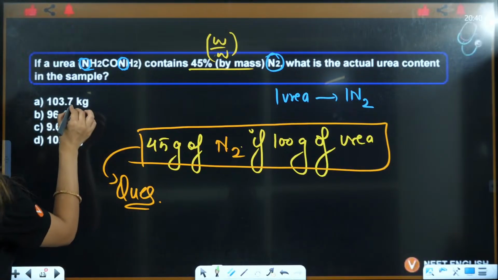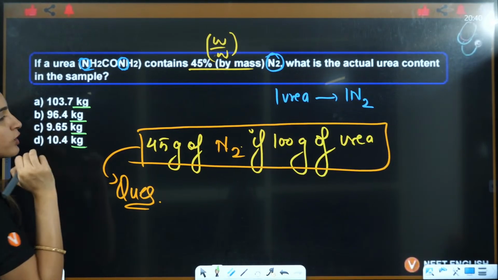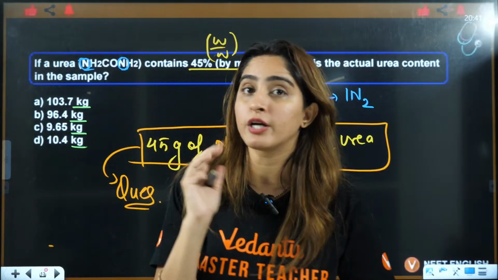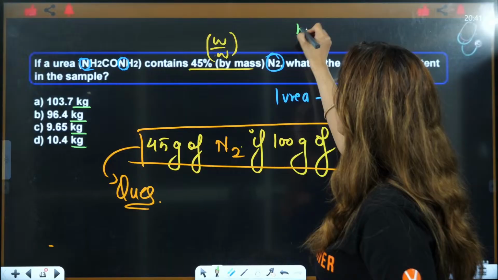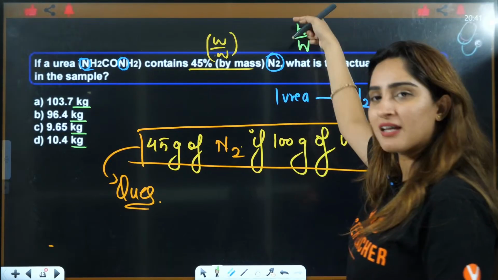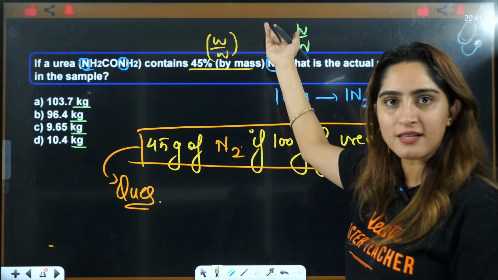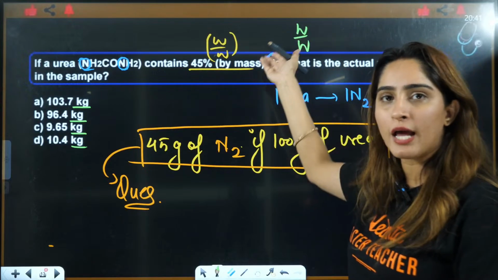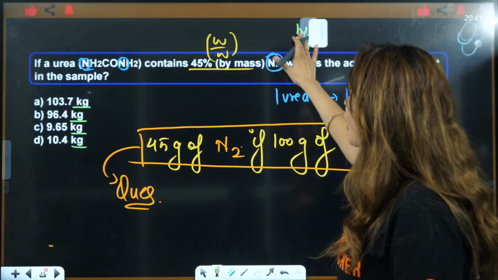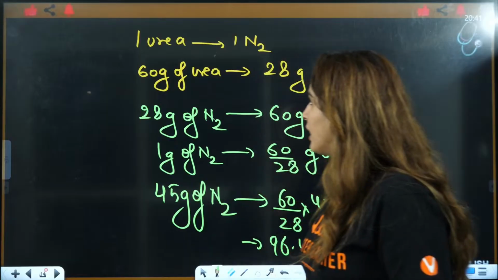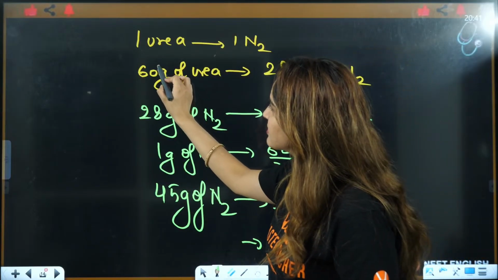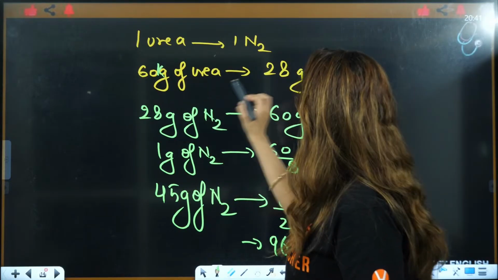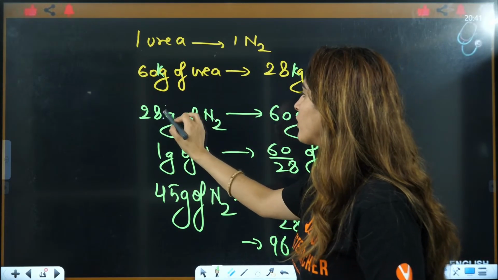The answer is given in kilogram. Ma'am, now do I have to convert it into kilogram? You don't need to worry about that. See, the simple thing is it is weight by weight. Even if this is in gram, that thousand will cancel out. Even if this is in kilogram, that will cancel out. So if they are asking the answer in kilogram, instead of gram you can just write kilogram here.